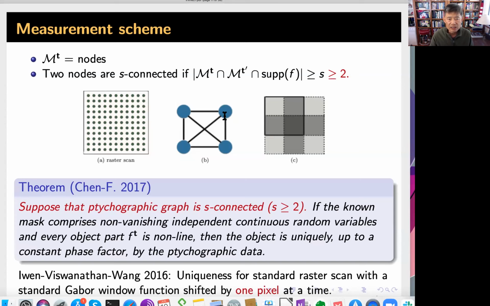So if they are all connected, then you can draw the edges between those connected nodes, and you have a graph. This is a complete graph. You can see that if the object's whole support is nonzero, every single pixel, then you can see this and that.